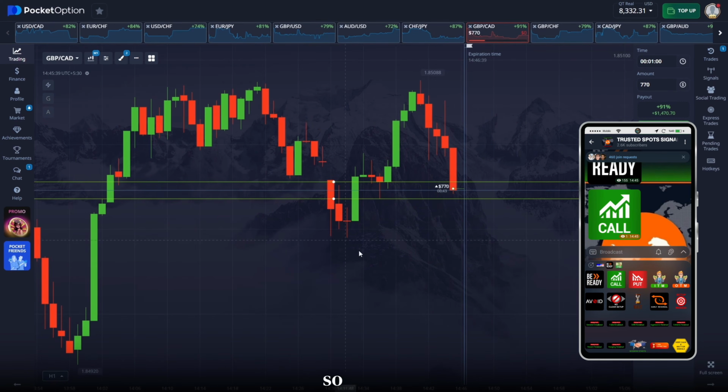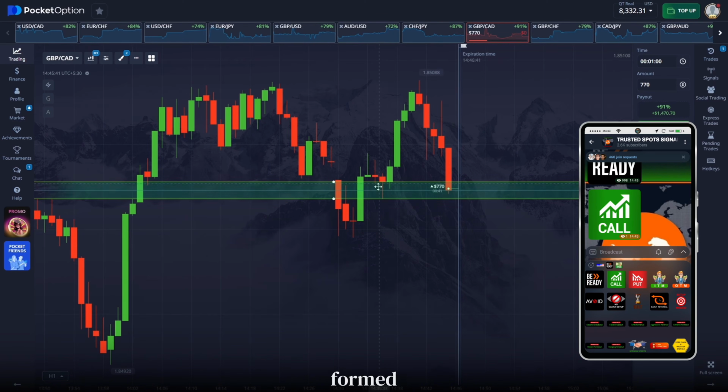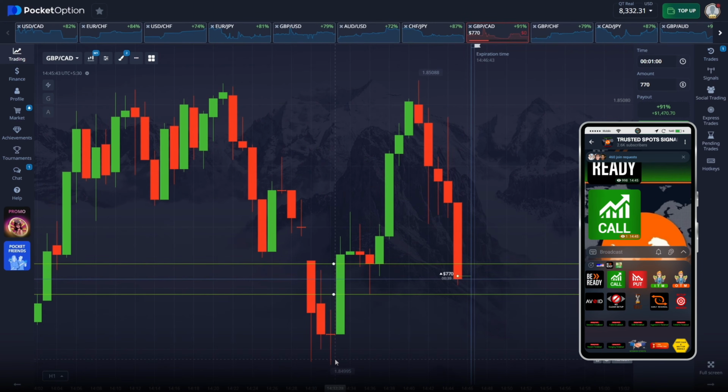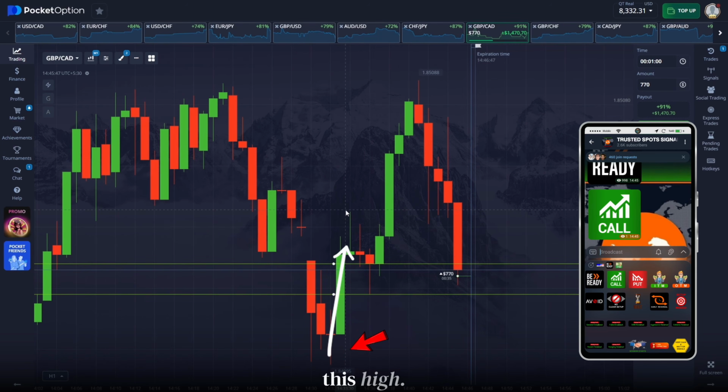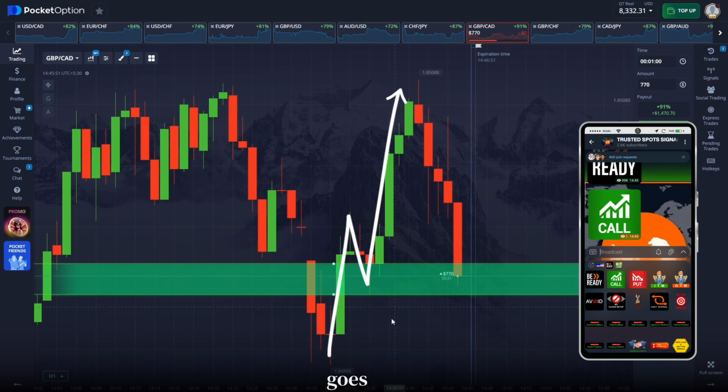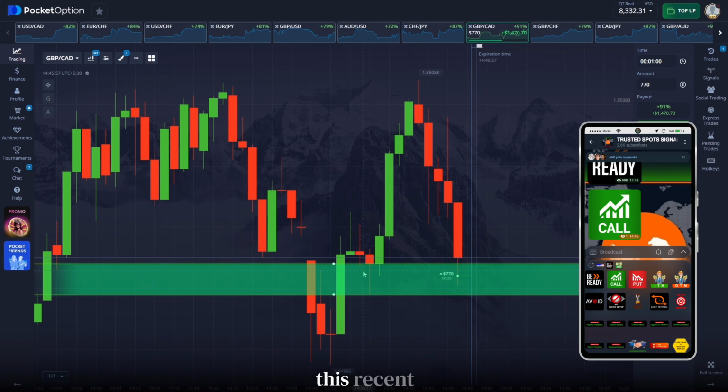As this is a recently formed support level, when price started from this bottom to go in the upside direction, it formed this high, then it retraces back, forms this support level, then again goes up. So this was the support level, and as the price is going in an uptrend, this recent support level will usually block the price from going down, because if it breaks the zone, the trend will change.